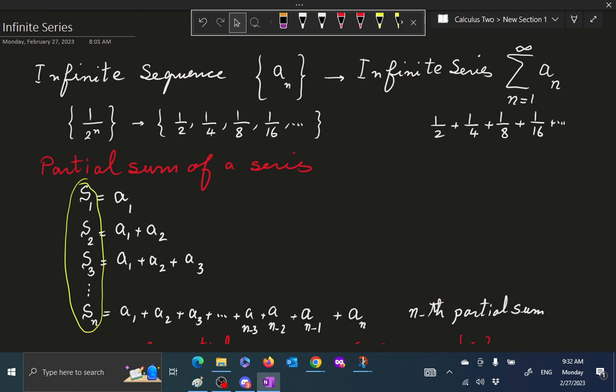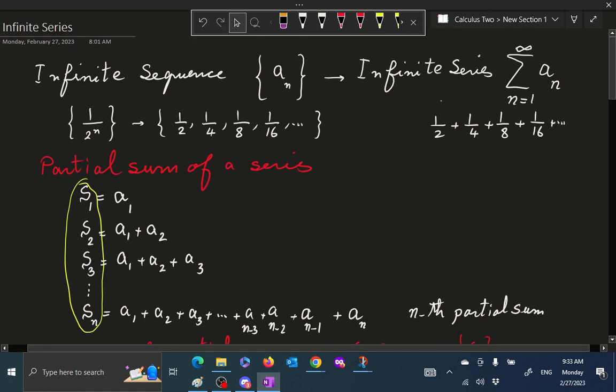One of the things we can do with the elements of a sequence is to add them. When we attempt to do that, what we create is called an infinite series. The notation is a summation notation with sigma, an element of our sequence, some sort of running index, which could be any letter, starting somewhere and going all the way to infinity.